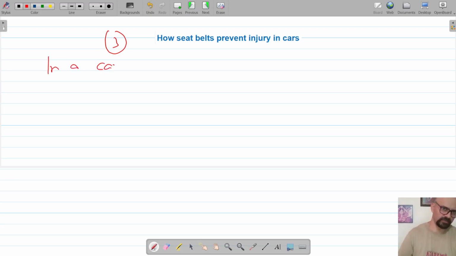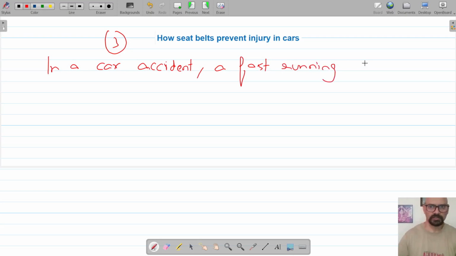The car strikes some other vehicle or obstacle, and a fast running car comes to rest immediately, in a short time.